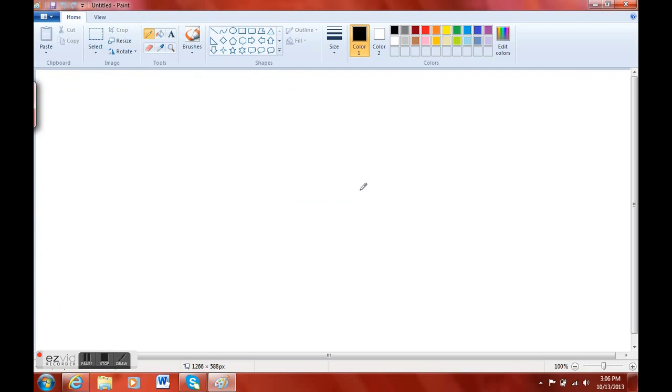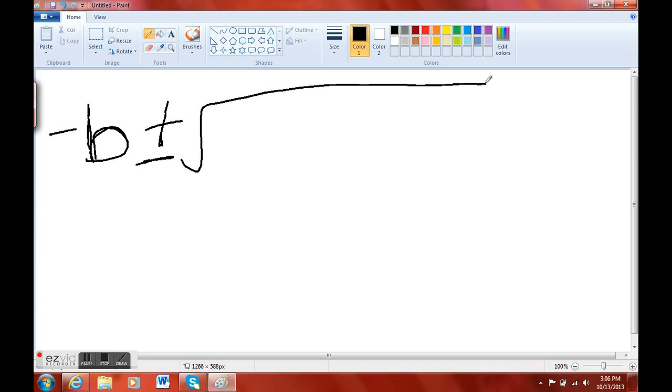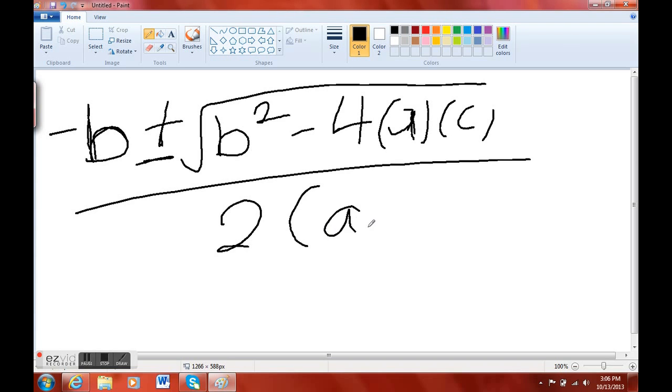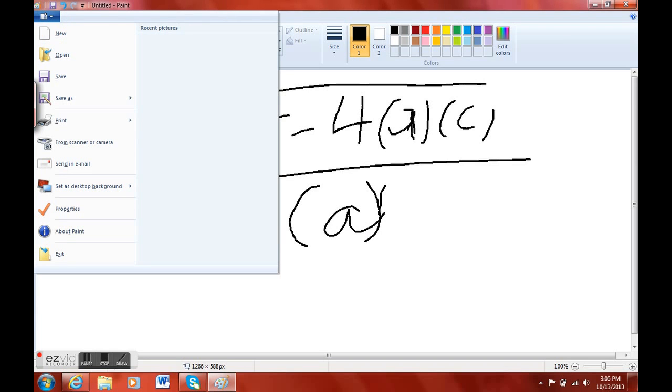Negative b plus or minus square root of b squared minus 4ac, all over 2a. It sounds childish, but it actually works, because every time I do this, if I forget a part, I promise you this always works. So remember that song. If you need me to repeat it, come up to me and I'll sing to you in my wonderful voice.